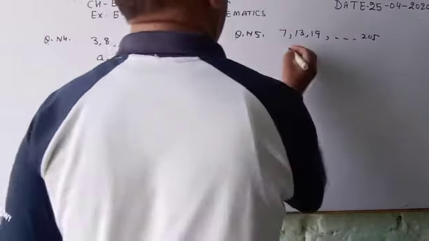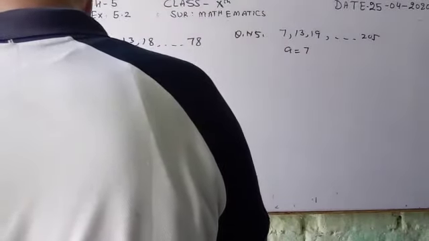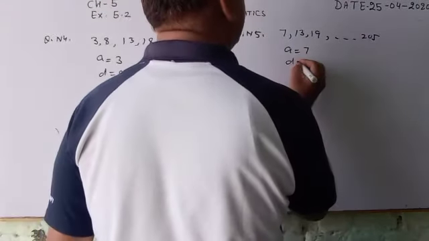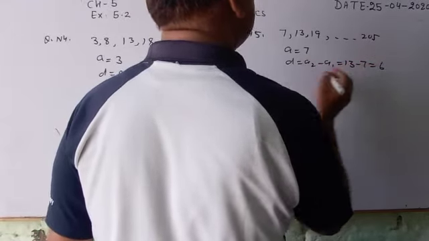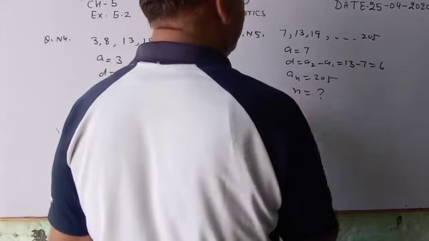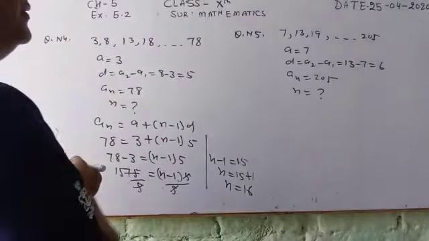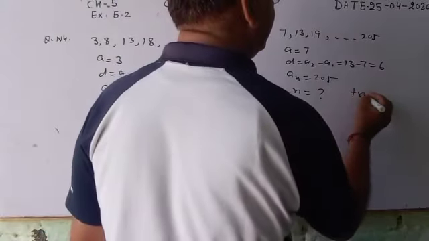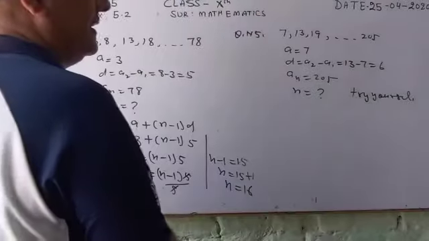So a equal to 7, and d equal to a2 minus a1, that is 13 minus 7, 6. a_n equal to 205 and find n. This question is the same as question number 4. So students, try it yourself.